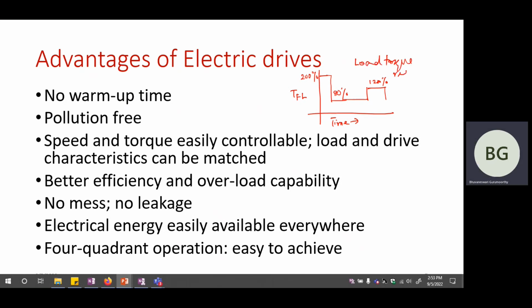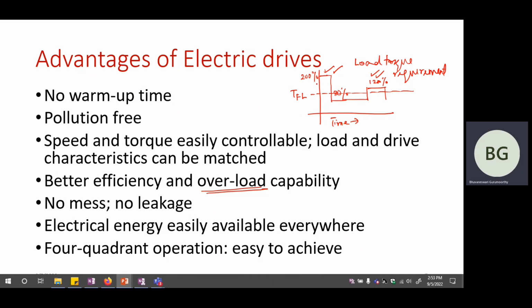So in this particular case, should we employ a motor which is giving you 200% full load torque, or 80% full load torque, or 120% full load torque? If we employ a drive which can give 100% full load torque, for a short while I may be able to load it for 200%. Again, for a short while I may be able to load it for 120%. These are generally known as overloading. So how much is the overload capability of a motor without getting overworked or burnt?